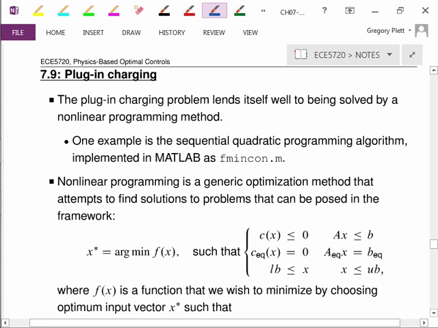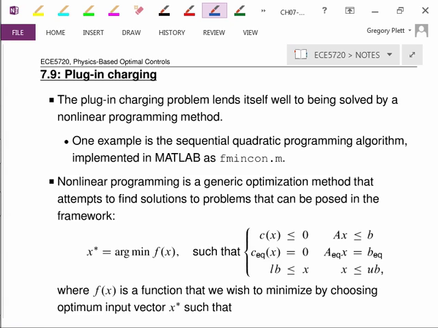The first optimization problem that we look at is the question that asks, what is the best way to charge a battery pack? And we can pose this question as a fixed time problem. We could even pose it as a minimum time problem.